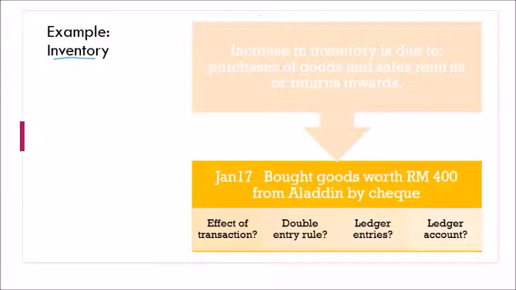Okay, so for inventory, they have 4 types of transaction. The first one being purchase of inventory. The second one being sales return or return inward.